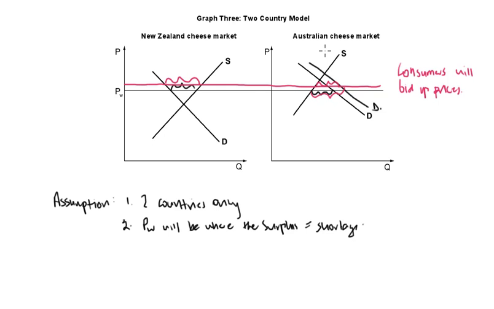And that's what drives world price. So that increase in demand in Australia will force the world price higher as a result of the incentives for consumers in Australia and producers in New Zealand.